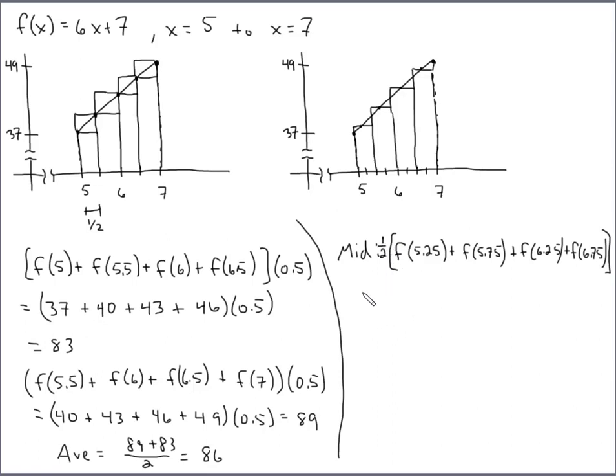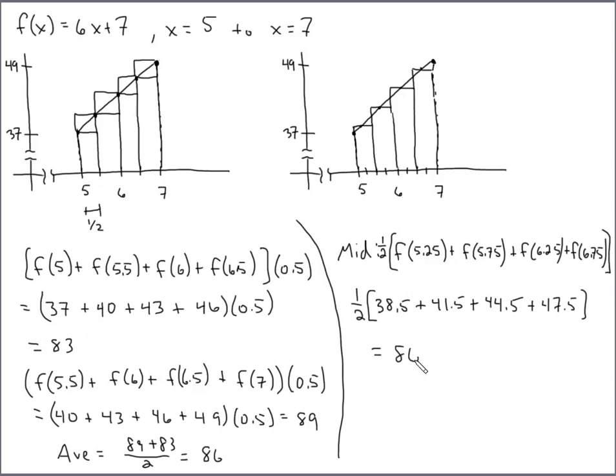If we put all this together, we're going to get 1/2 times f of 5.25, and all these together will be 38.5 for that one, 41.5 for that one, 44.5 for that one, 47.5 for that one. And then if you add all these up and you multiply them by 1/2, you get 86.